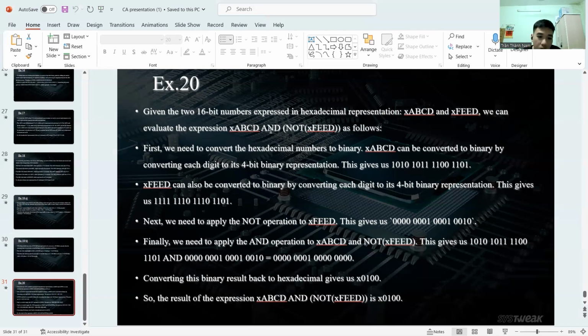First we need to convert the hexadecimal numbers to binary. So xABCD can be converted to binary by converting each digit to its 4-bit binary representation. This gives us 1010 1011 1100 1101.